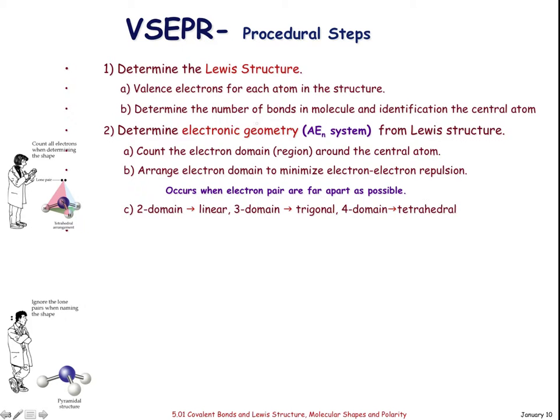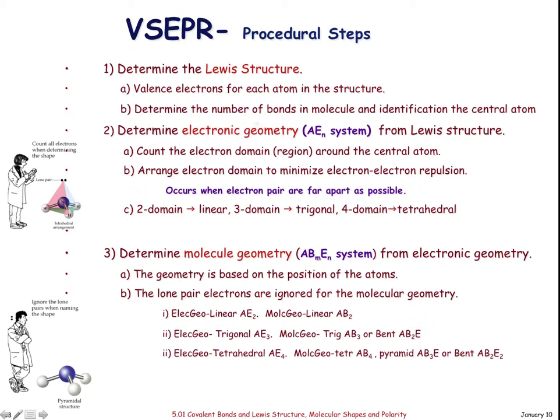Then we need to figure out the electronic geometry, which is based on the number of electron regions around the central atom. Then we replace some of these electron regions with bonded atoms, and that'll give us our molecular geometry. So these are the rules of how to determine the molecular shape. I will show you a shortcut.